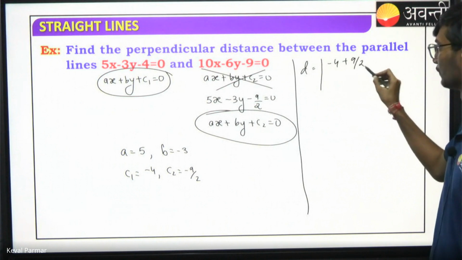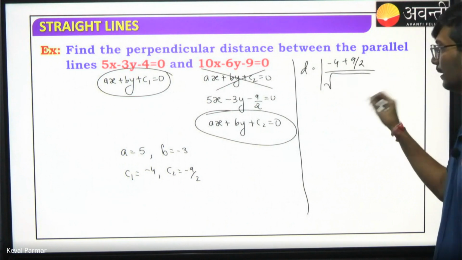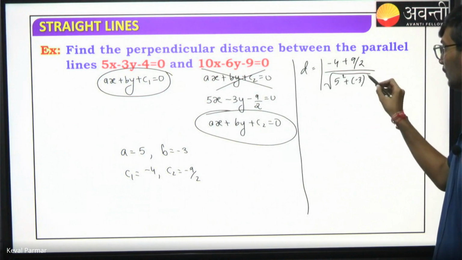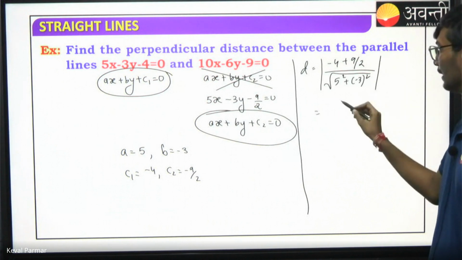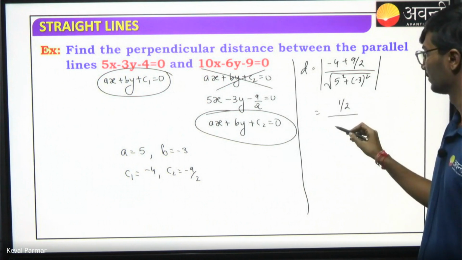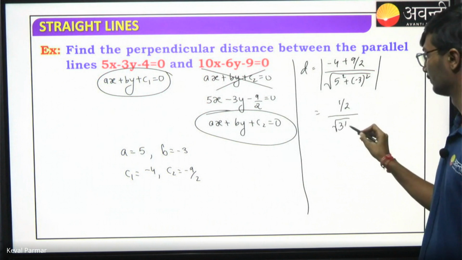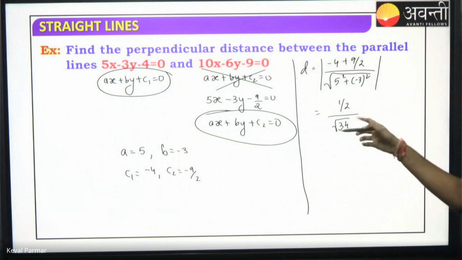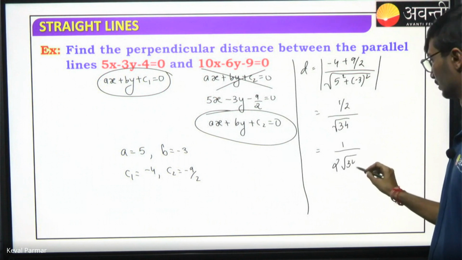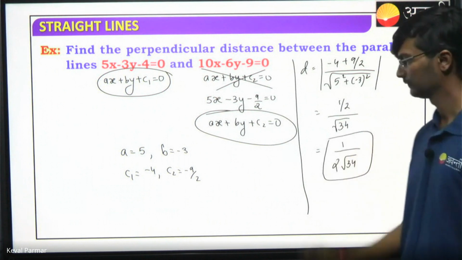It will become plus, right? Upon under root of a square plus b square. So 1 by 2 upon under root of 25 plus 9, which is root 34. It is already positive, right? So no need of mod. So 1 upon 2 root 34. I hope it is clear.